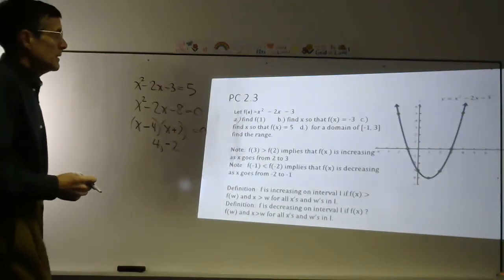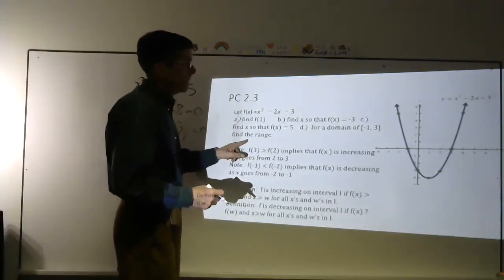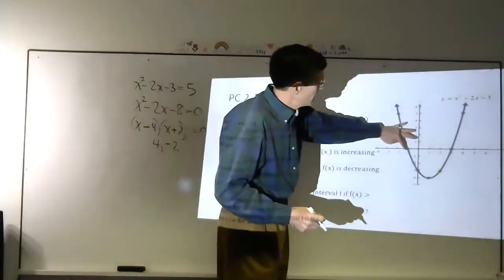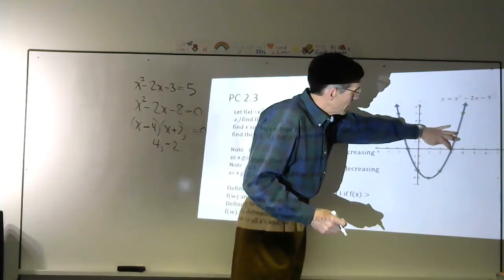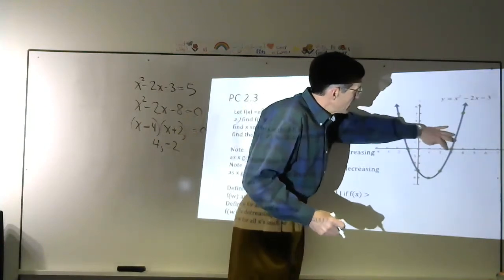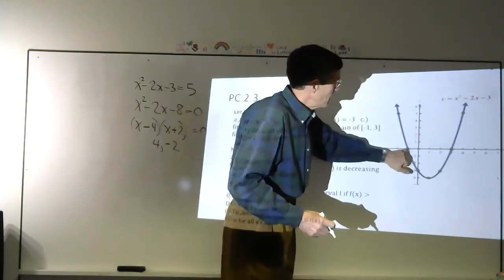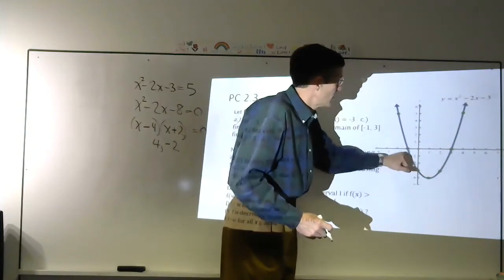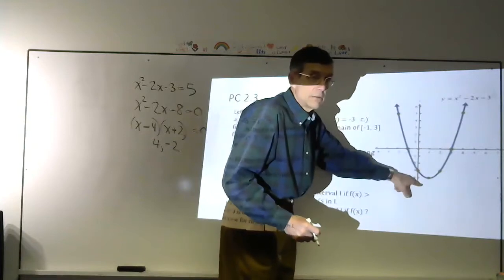For a domain of -1 to 3, find the range. All right? From -1 to 3, find the range. Here's x equal to -1. Here's x equal to 3. In between -1 and 3, what are the y values? Well, in between -1 and 3, the y values are all down here from -4 to 0.